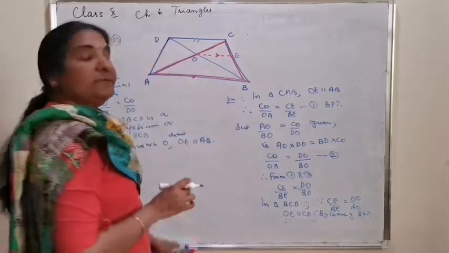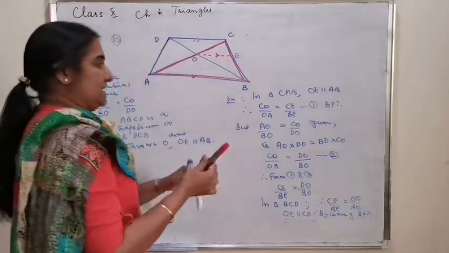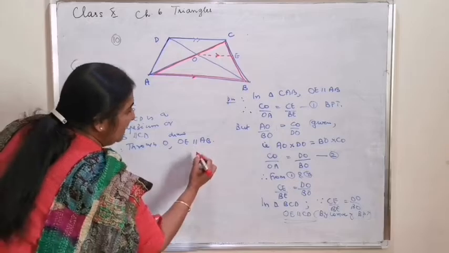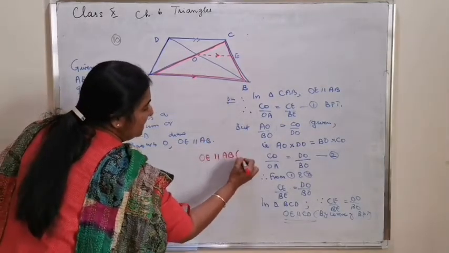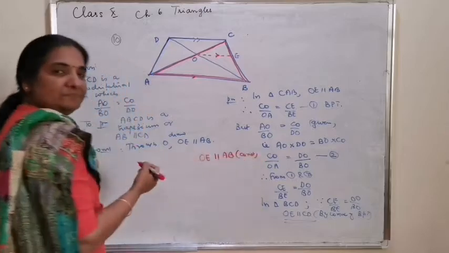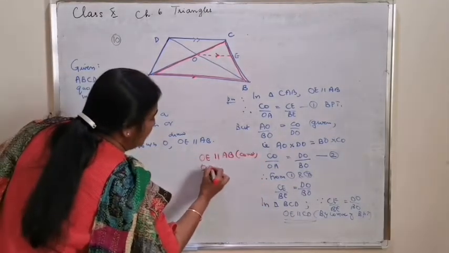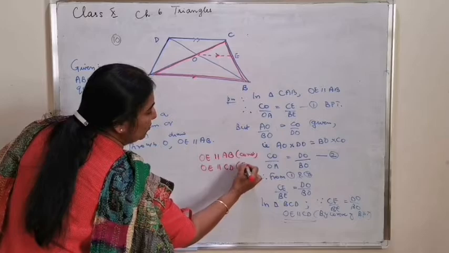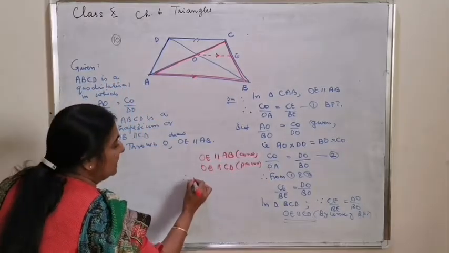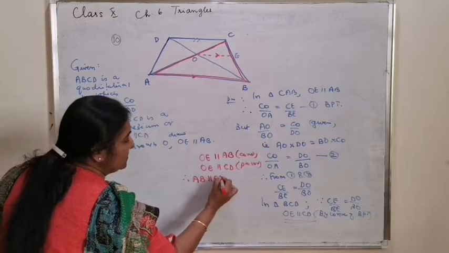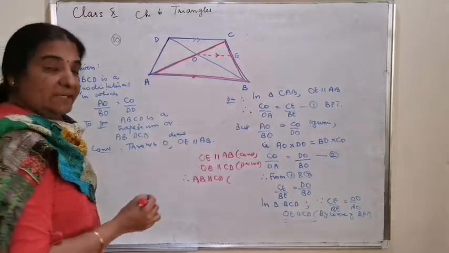Now how do you conclude? The conclusion is now: OE parallel to AB by construction. OE parallel to CD you proved. Immediately AB will be parallel to CD. What is the reason?